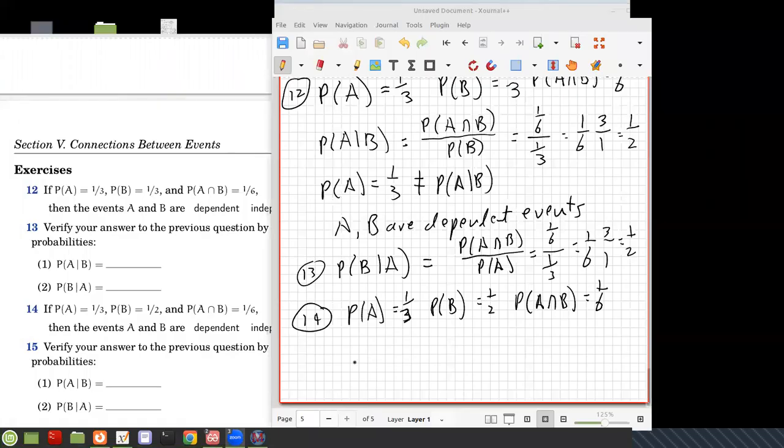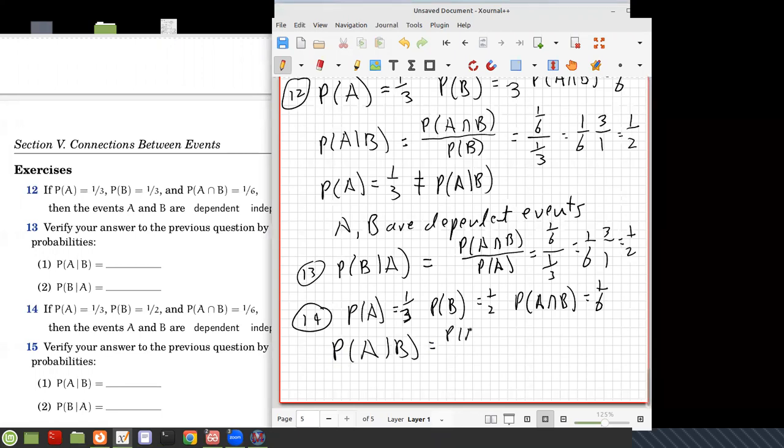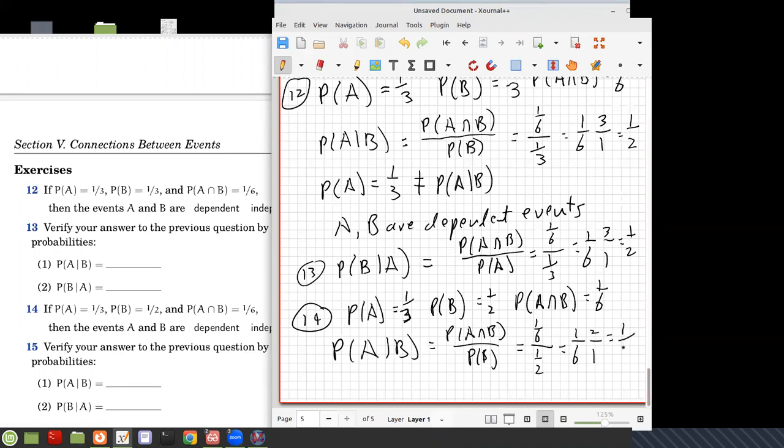Now, we do the same thing: look at the probability of A given B, and that's going to be the probability of the intersection over the probability of B, which equals 1/6 over 1/2, which equals 1/6 times 2 over 1, which equals 1/3.